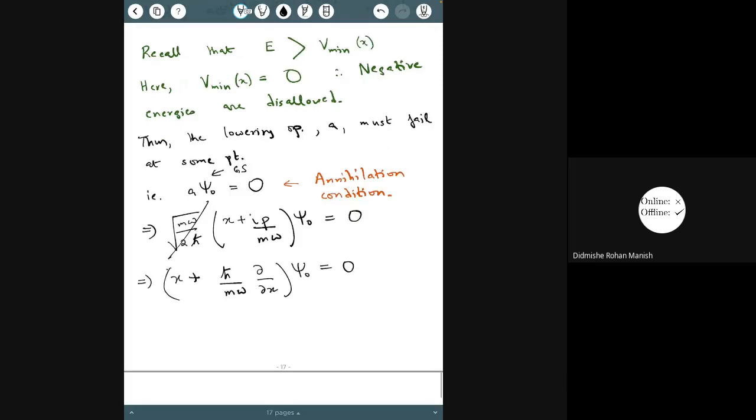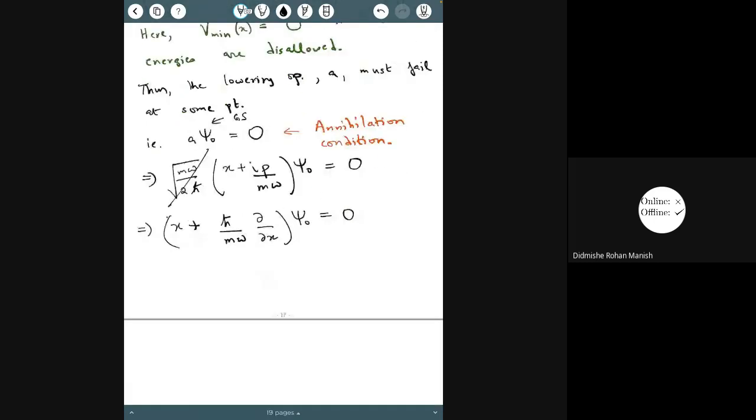So we're going back to the differential equation. But this is a much simpler equation. This is a first order differential equation, and it only has x as opposed to x squared. Before we had a second order differential equation and also x squared, so that was a more complicated equation.